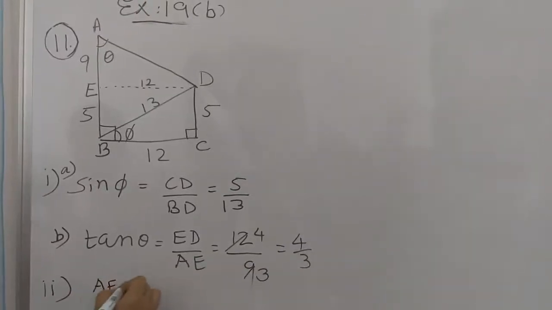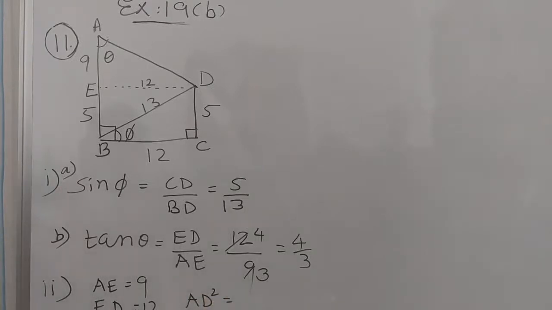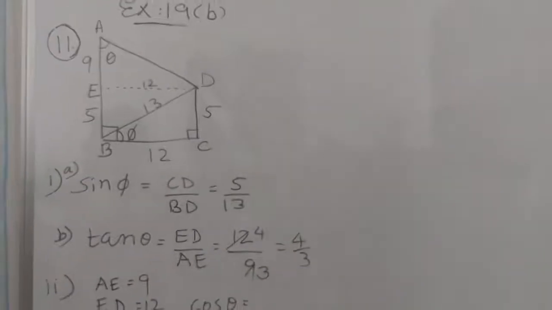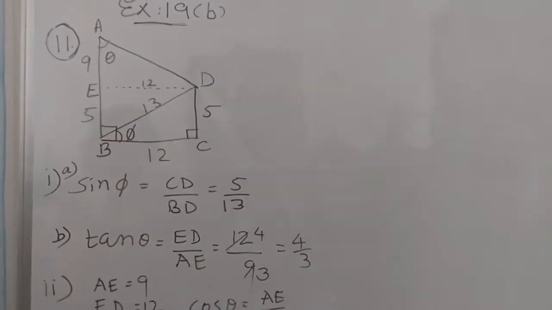AE is equal to 9, ED is equal to 12 and AD square is equal to AE square plus ED square. But first of all, we write cos theta from it. Cos theta is adjacent AE upon AD. So I write AD is equal to AE upon cos theta.